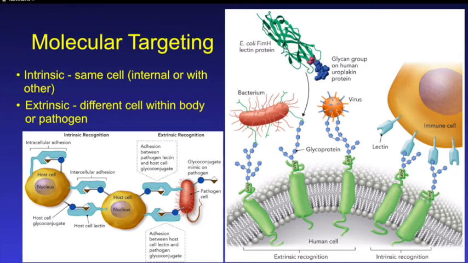That's important, but probably one that is studied more often is the extrinsic type of bonding, and that's when the cell presents the sugar on the outside, and then it binds within a naturally bonding entity within the body. But this is a mechanism in which a lot of pathogens will enter our system and then infect our cells.